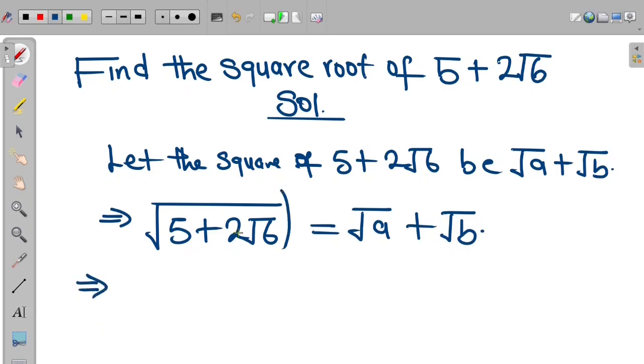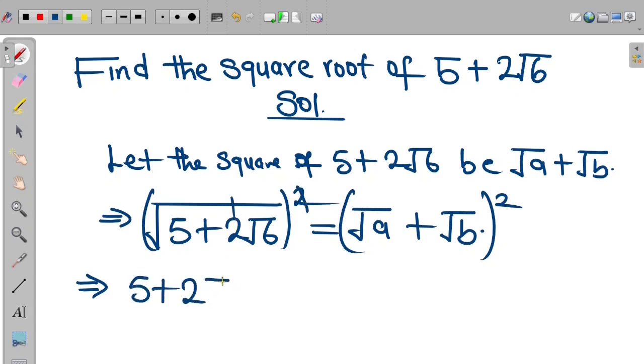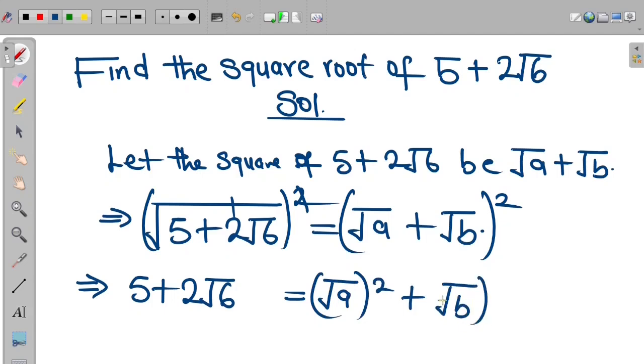Squaring, the root is removed on the left, so we are left with 5 plus 2 root 6 equal to, on the right-hand side, root A all squared plus root B all squared plus 2 multiplied by root AB.